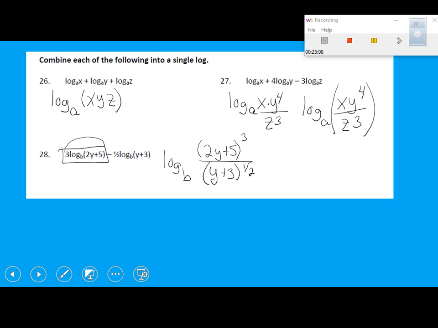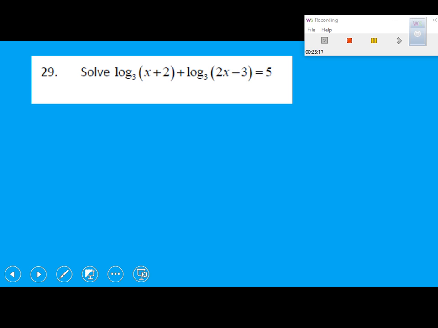And then I've got a couple where I'm going to show you how we solve logarithmic equations. So here's my number 29. Solve log to the base 3 of x plus 2 plus log to the base 3 of 2x minus 3 equal 5. Well, the key thing, guys, we need to write this as a single logarithm.